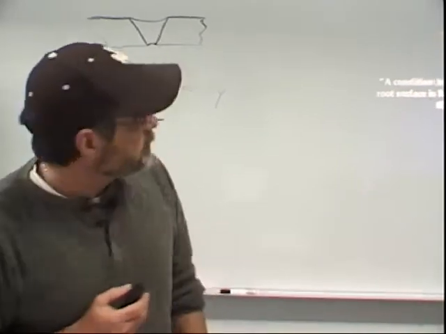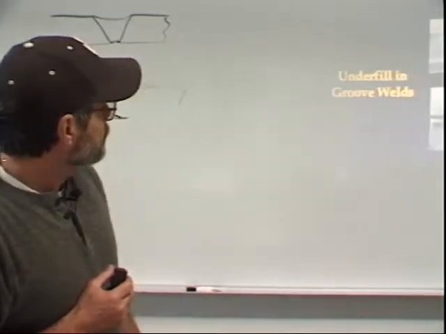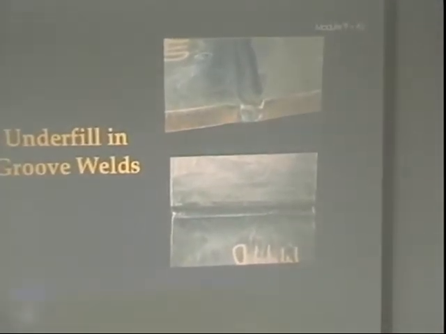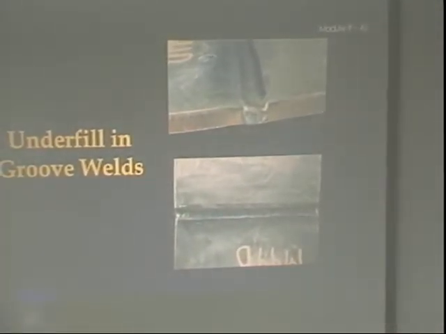Then, let's see, go to page 917. You have these pictures. These are pictures of underfill on groove welds. And right beneath that picture, highlight it and put a bullet where it says, like undercut, underfill can occur at both the face and root surfaces of the weld. Underfill at the weld root of pipe welds is sometimes referred to as internal concavity or the slang term suckback.